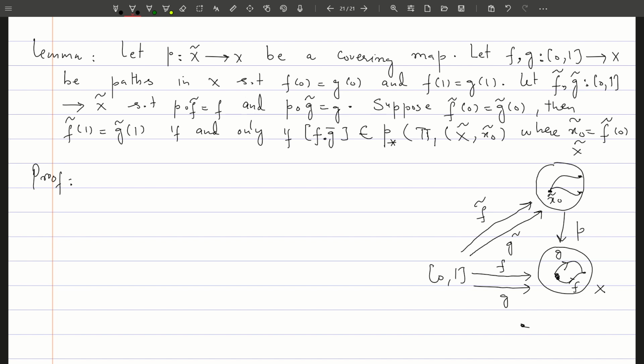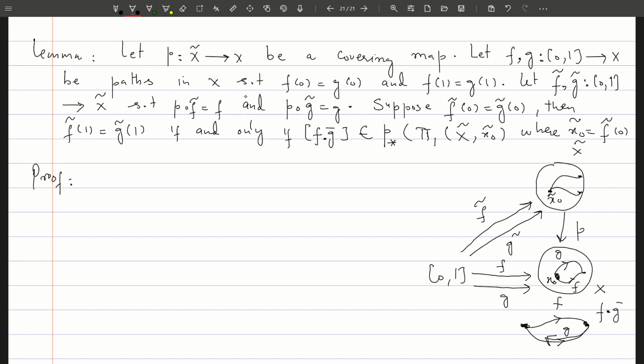Since this is f, which starts at f of 0, which is the same as g of 0, and then we have the map g, which is like this. So g inverse will be a map in this direction. So f product with g inverse will be a loop based at this point, f of 0, or let us call this x naught, where p of x naught tilde is x naught.